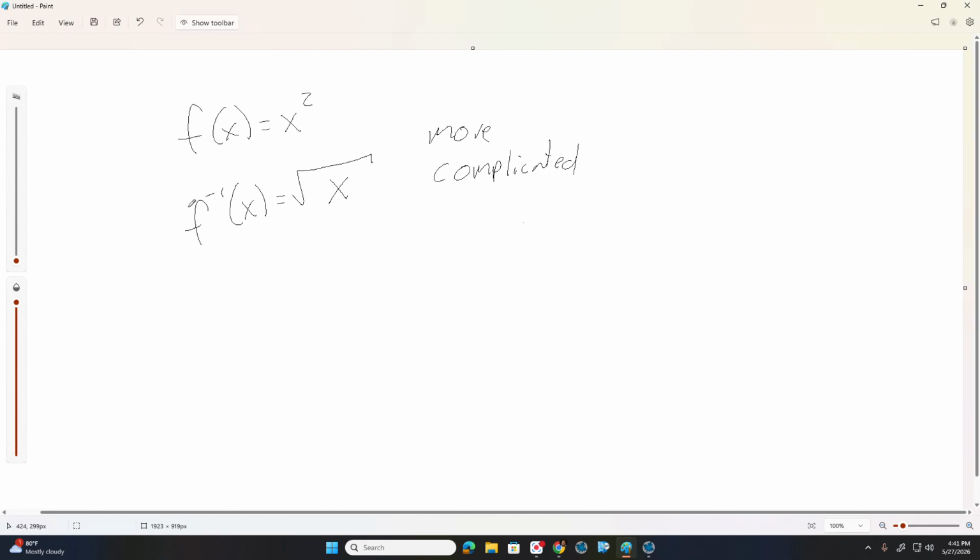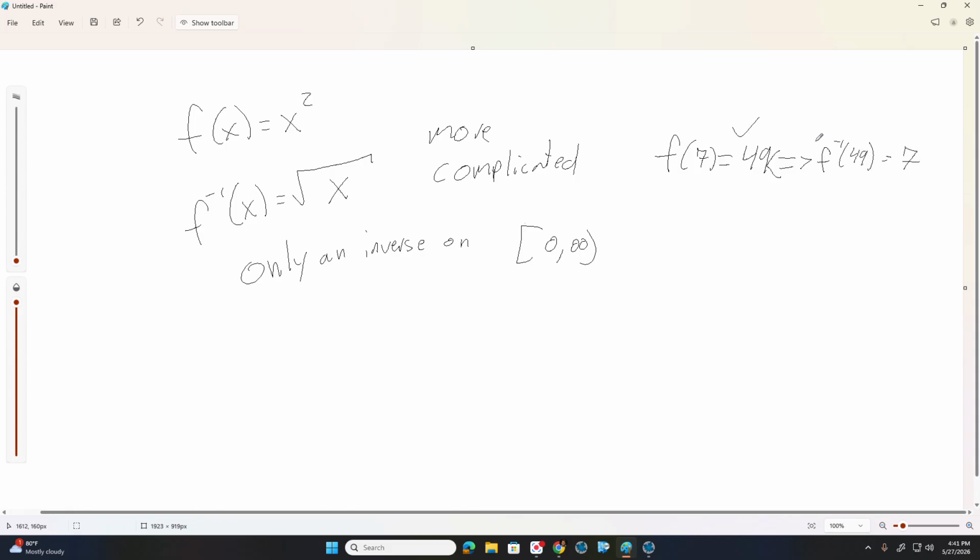So the important thing to note is it's only an inverse on 0 to infinity. The negative pieces of this we can't get. For example, f of 7 is 49. And that also means that f inverse of 49 is 7.